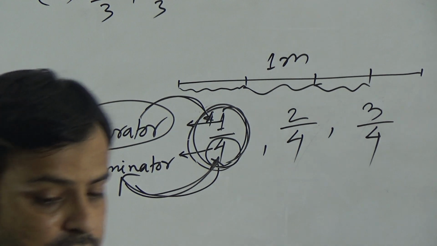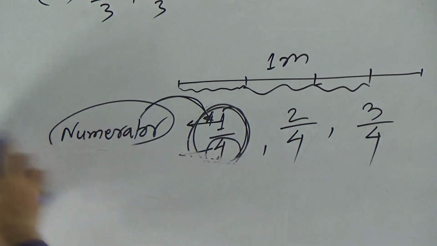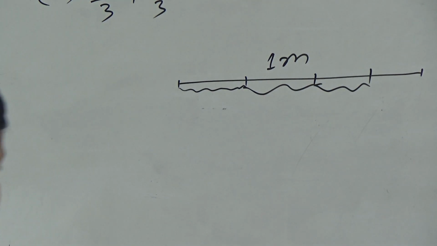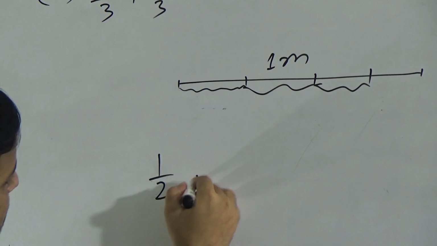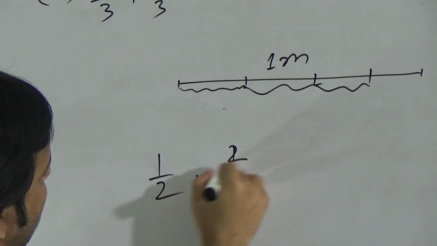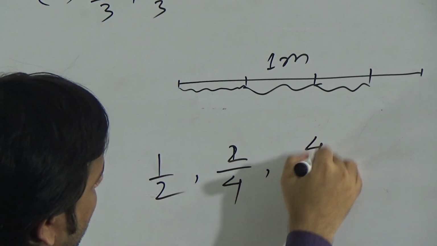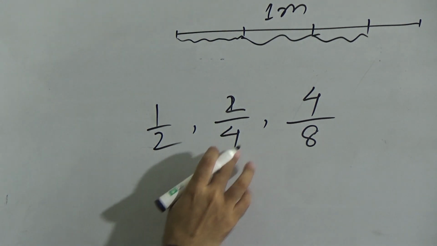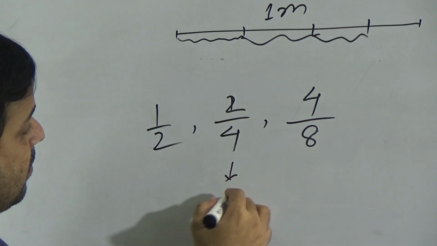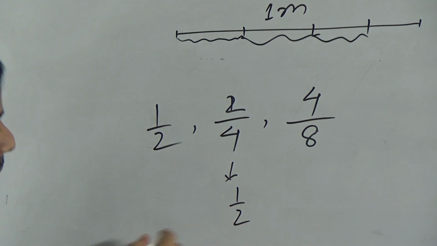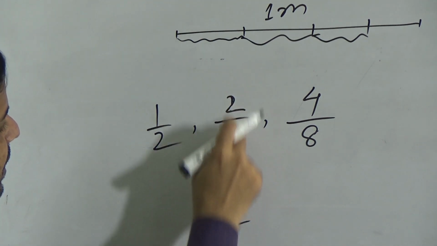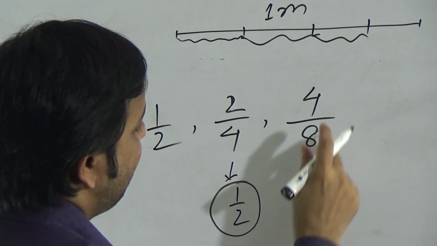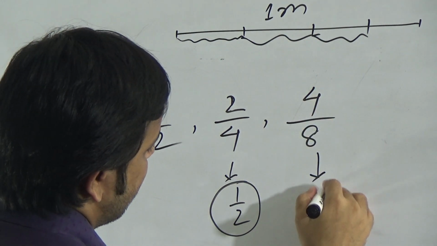Okay dear students, now I will show equivalent fractions. Suppose 1 by 2 is a fraction, 2 by 4 is a fraction, 4 by 8 is a fraction. Now see, here we can write this fraction as 1 by 2. It means that if we divide both the numerator and denominator by the same number, we will get the value 1 by 2. In this case also, if we divide both by 4, we will get 1 by 2.